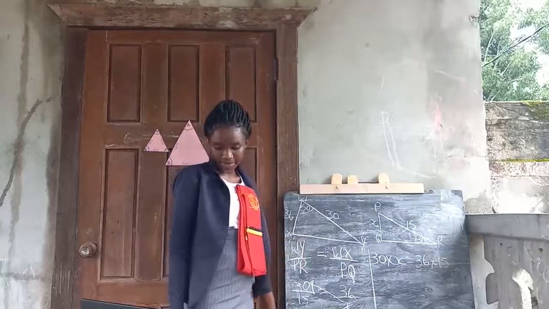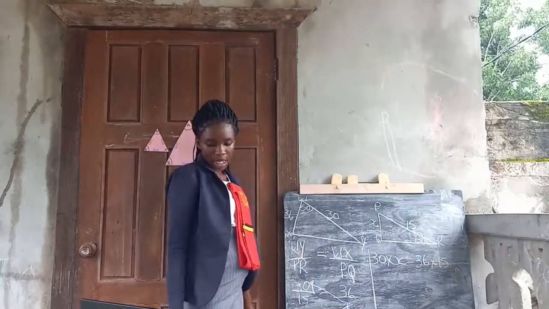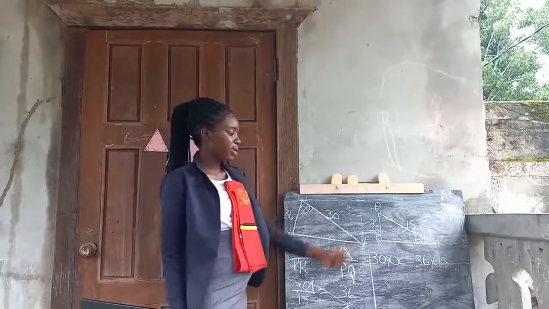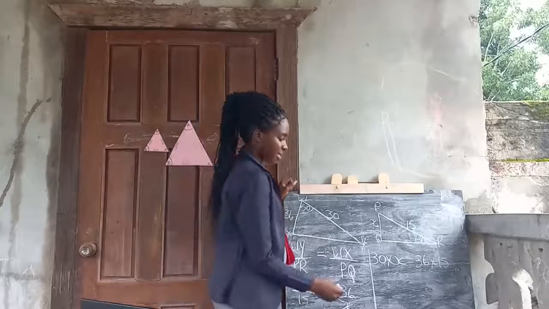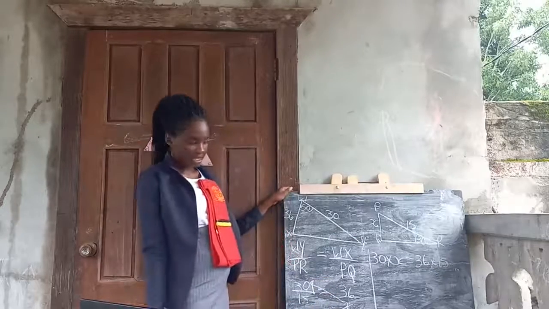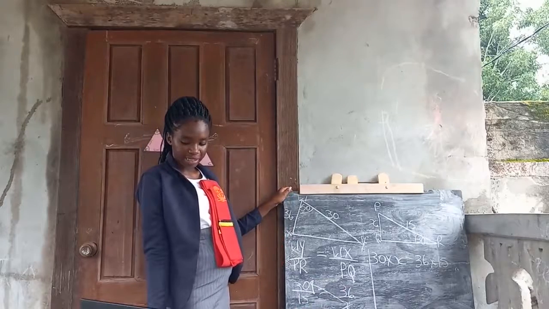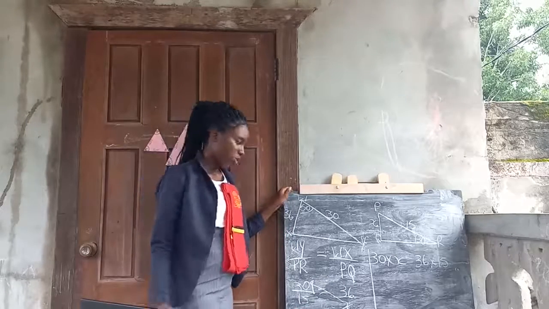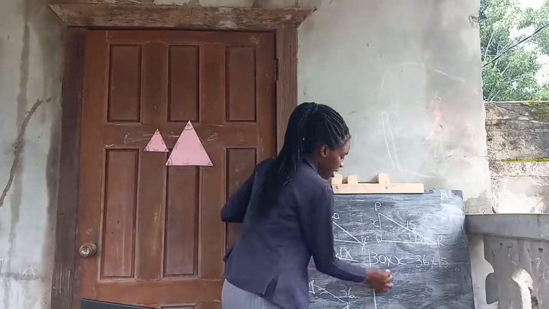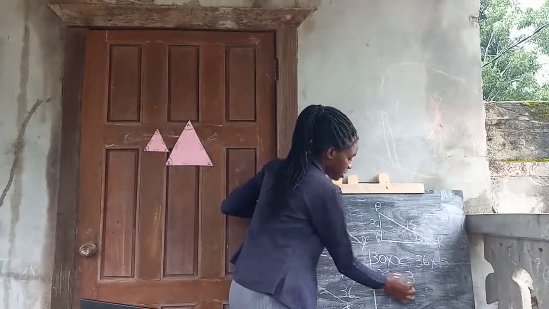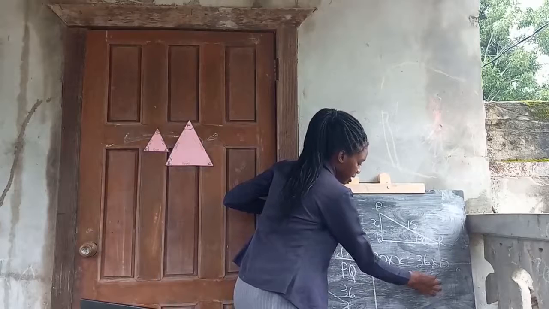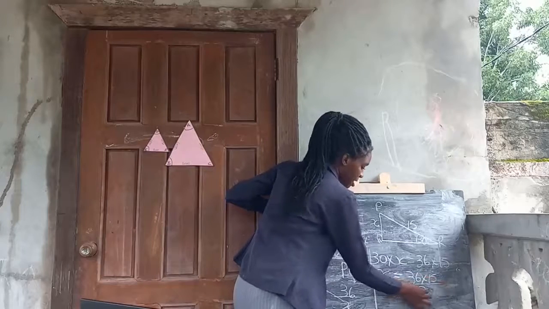Do you see that? But we still want to find X. So what are we going to do, Ashley? Yes, we're going to divide. So X is going to equal 36 times 15 divided by 30.